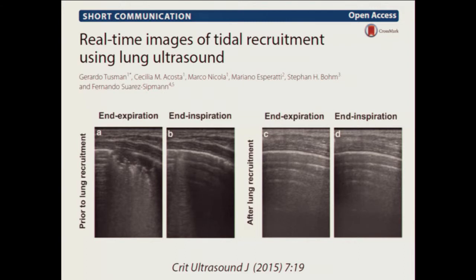And maybe it's really so, because when these authors performed a recruitment maneuver and adjusted PEEP, the subpleural consolidation disappeared both at expiration and at inspiration, of course. So they decreased this peripheral tidal recruitment.